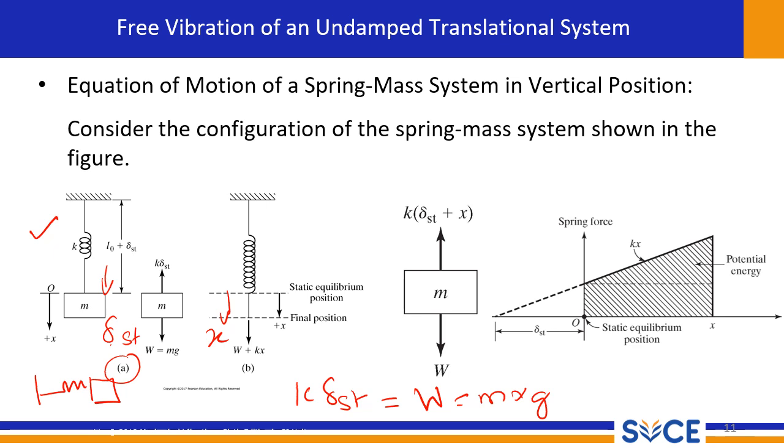Now let me analyze the forces acting on the mass. Here the free body diagram shows the forces acting on the mass. We have the weight acting downwards, and the spring force, that is stiffness times delta static plus the additional deflection, acting upwards. Applying Newton's second law, we sum the forces and set them equal to mass times acceleration.